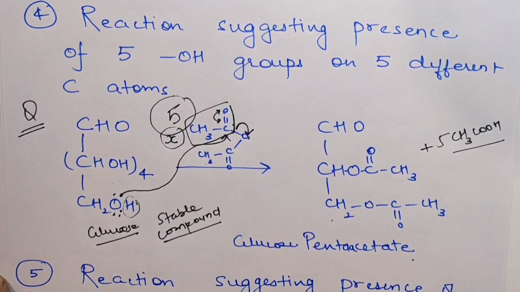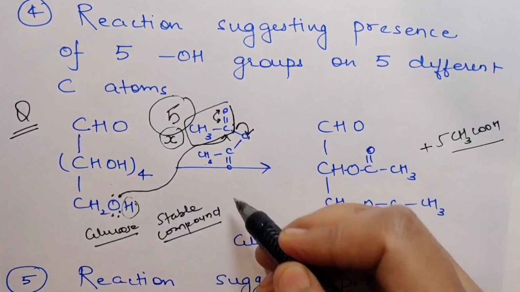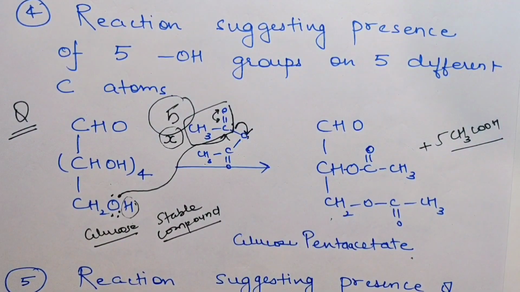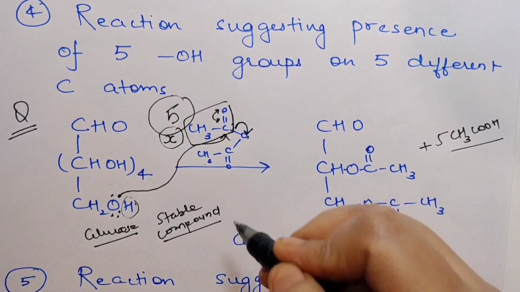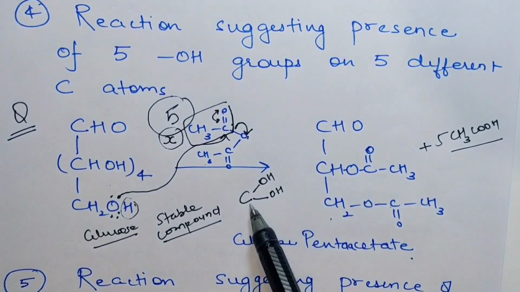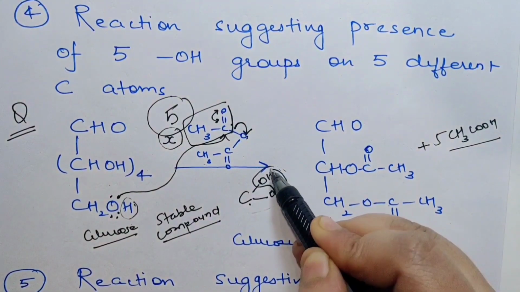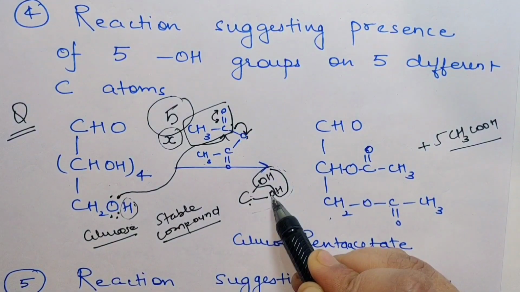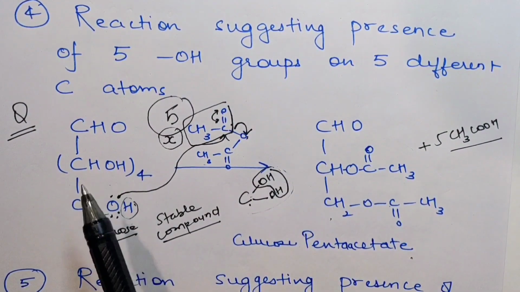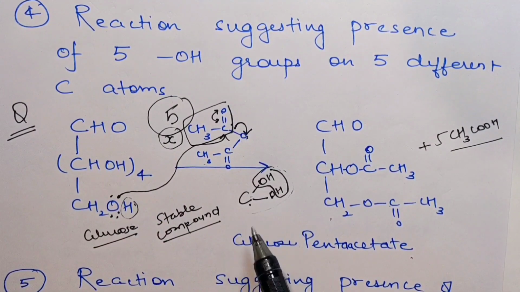So that is a proof that those 5 OH groups have to be on 5 different carbons. Why? Because if there is more than 1 OH group on a carbon, it's a very unstable situation. It loses water and forms a carbonyl carbon. So since glucose is a stable compound, there cannot be more than 1 OH group on 1 carbon.